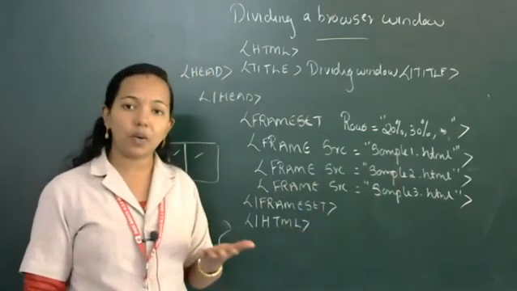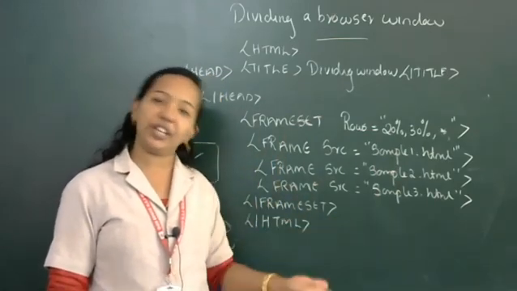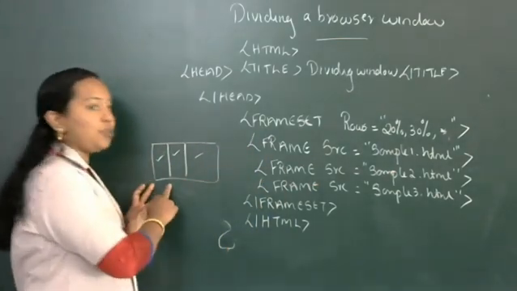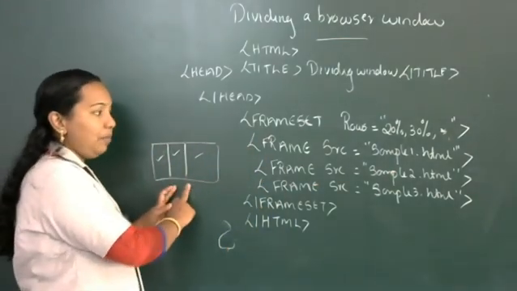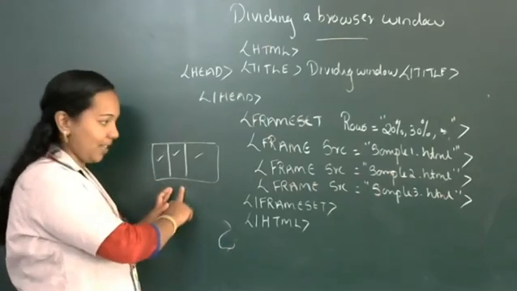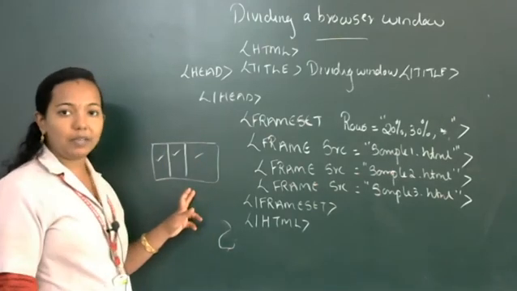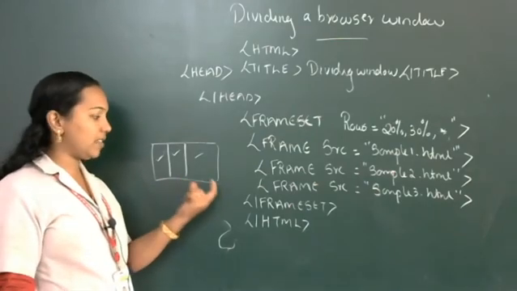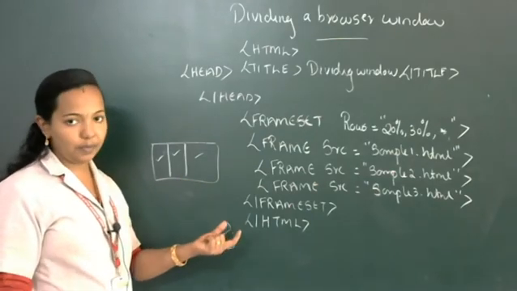What is this sample1.html? It may be any web page or any HTML program. That web page we are adding to the first section, then sample2.html to the second section, and sample3.html to the third section. Once we have included all these web pages, we can close the frameset tag.